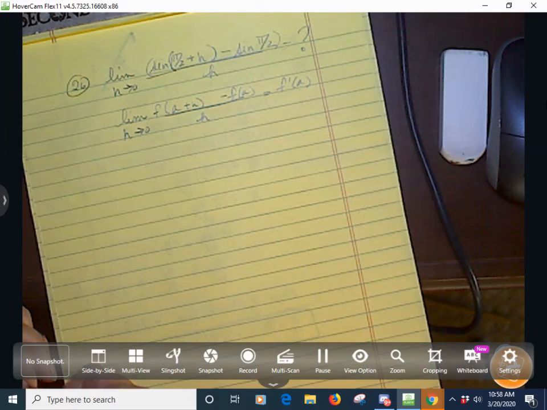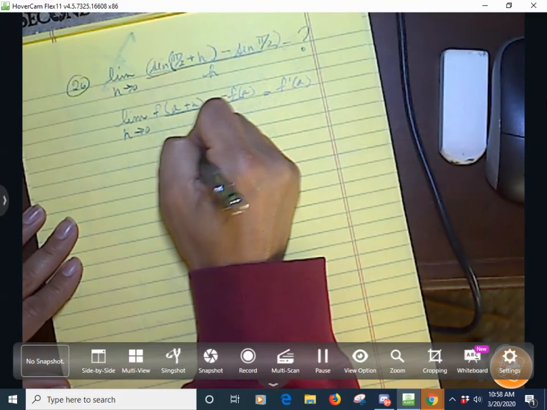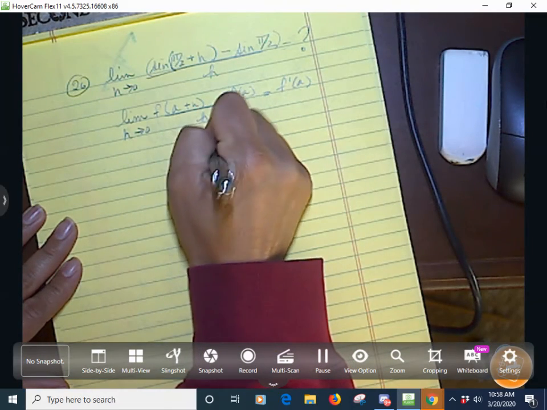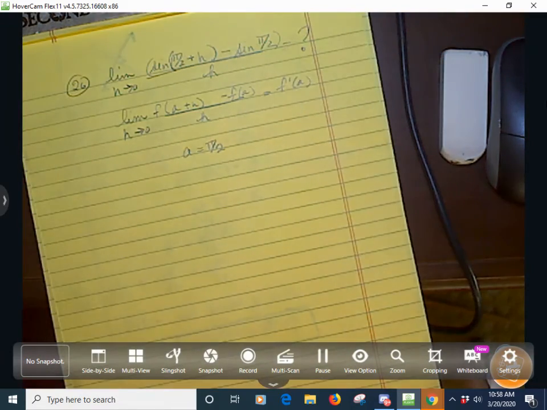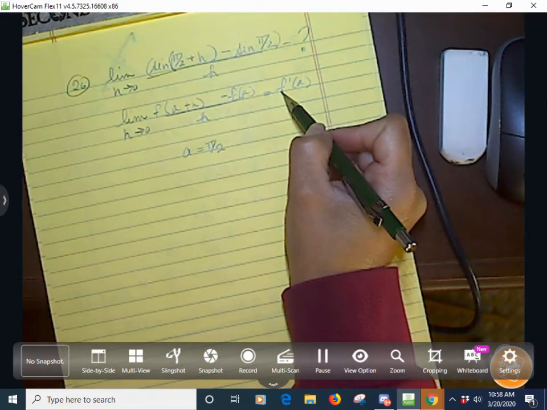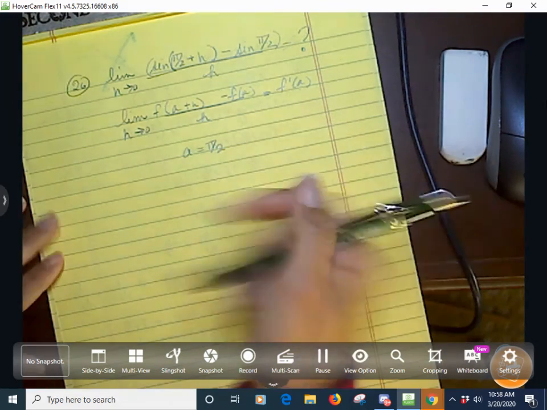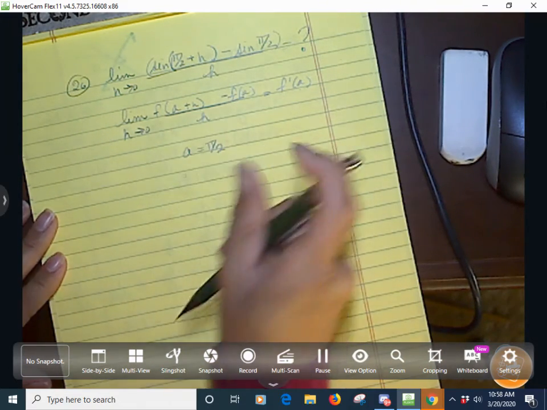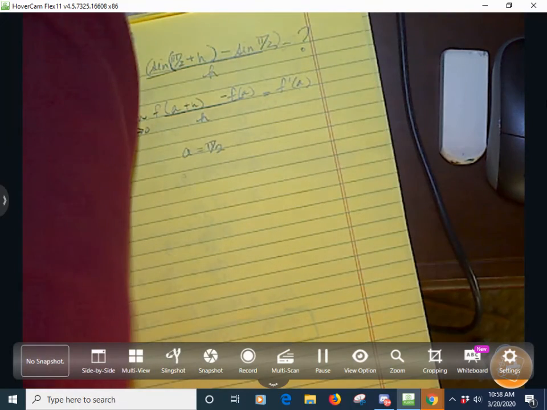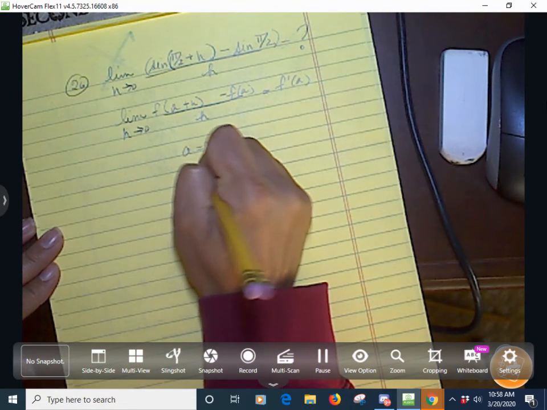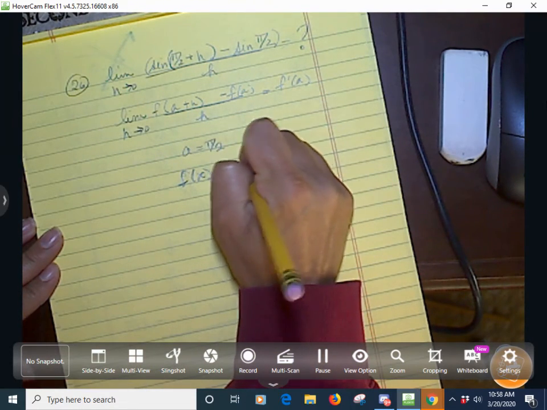So now, a is equal to pi over 2. And so you now know what your a is. Now what is your function? So f of x is equal to sine x.